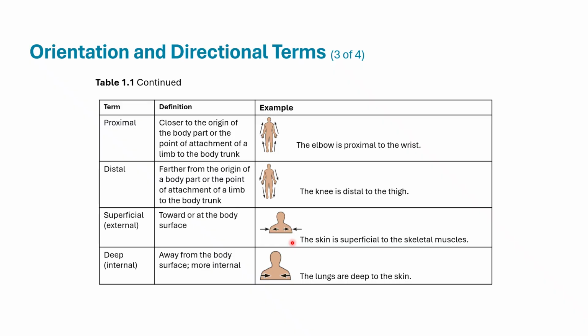So for instance, the skin is superficial to the skeletal system. So the bones are more deep and the skin is more superficial. All right, deep is away from the body surface or more internal. For instance, the lungs are deep to the skin. They're more internal than right at the surface.